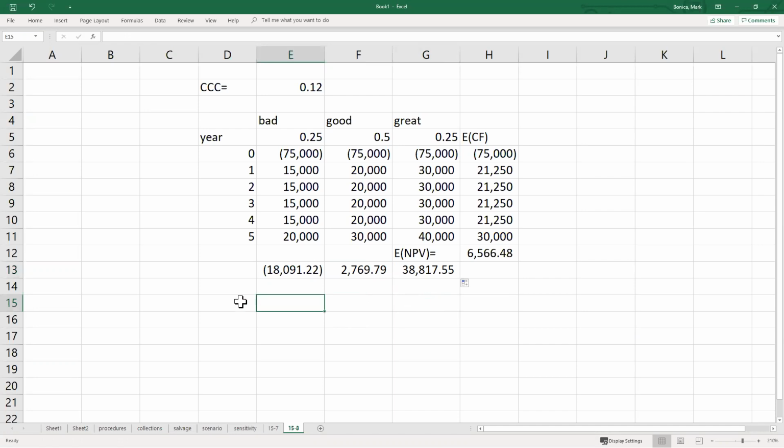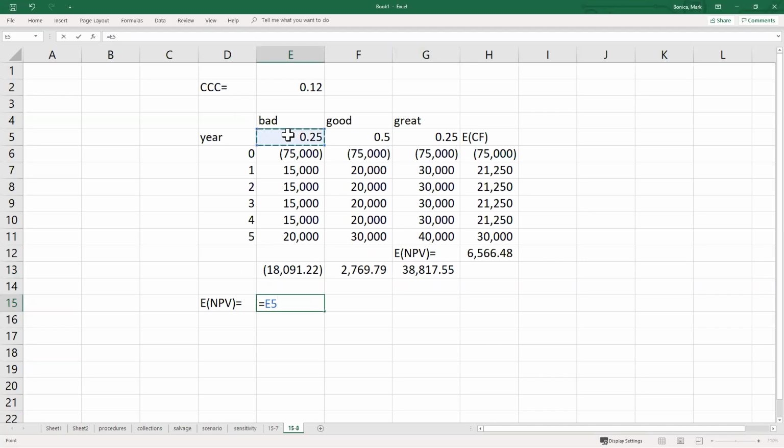And then the scenario analysis asks, to get the scenario analysis, we would just take the weighted average of the net present values of the scenarios. So we get E NPV equals the weighted average.